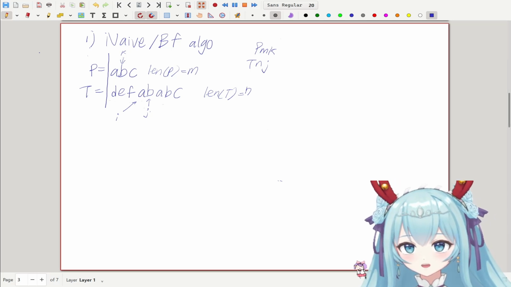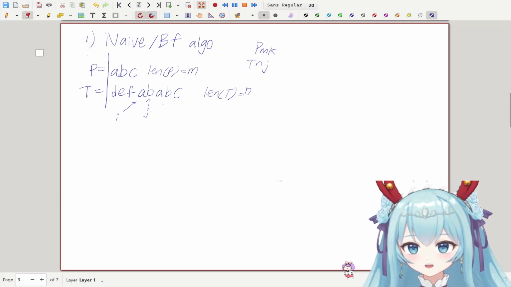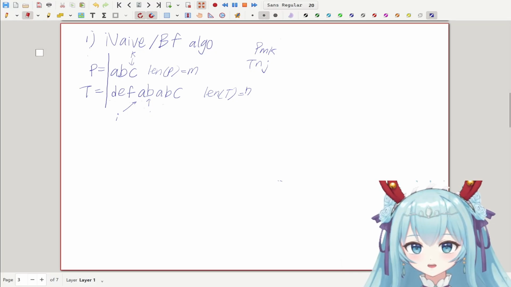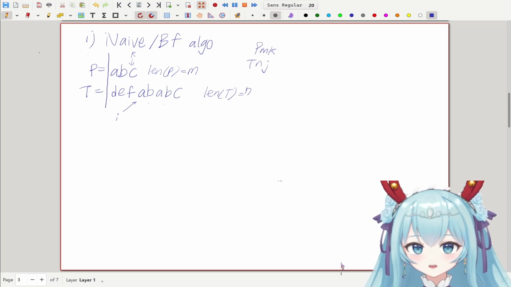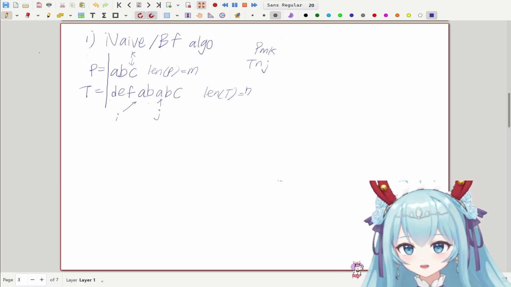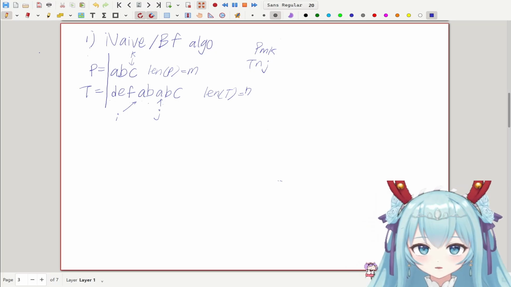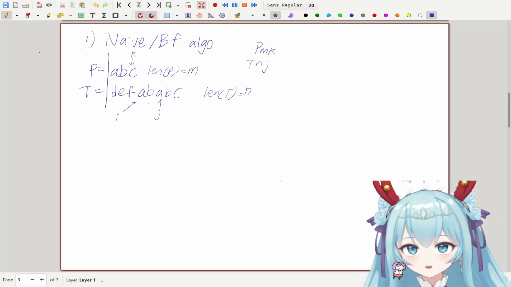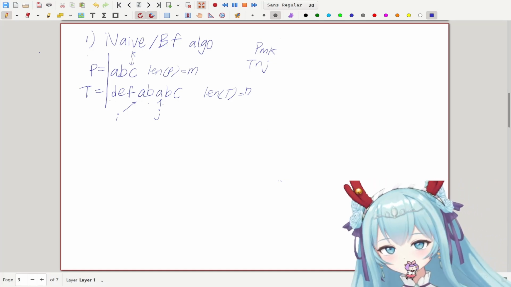So that means we increase both of them again. So now J is here, and now J is here. And now we can see that they are different characters, which is why this window fails and we need to check the next window. Okay.